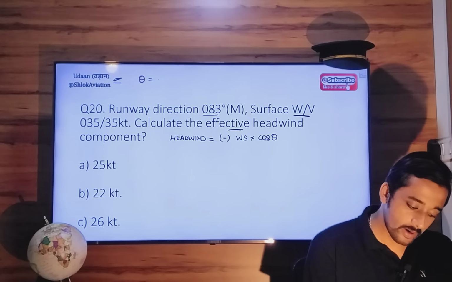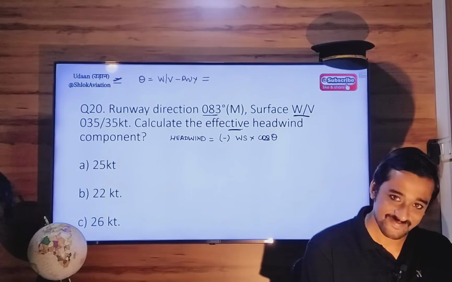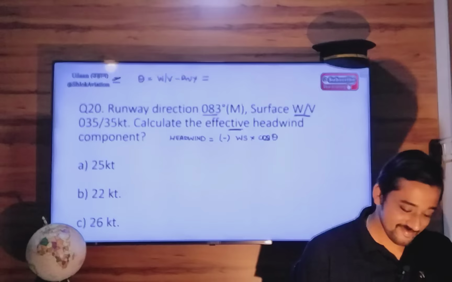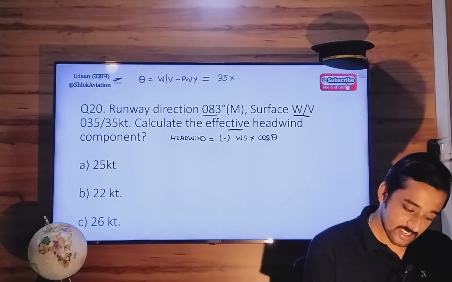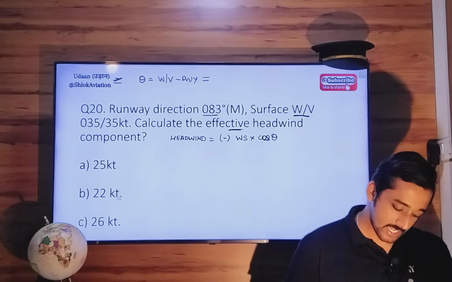Theta is equal to winds minus runway direction. Wind velocity is 35.